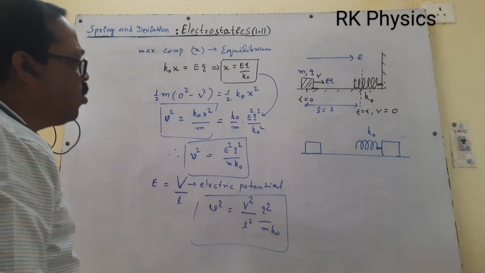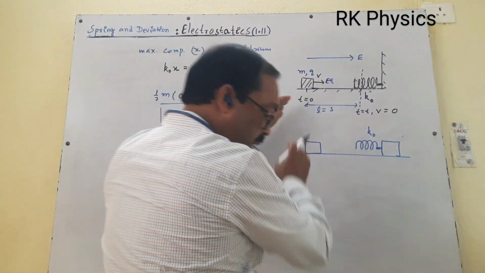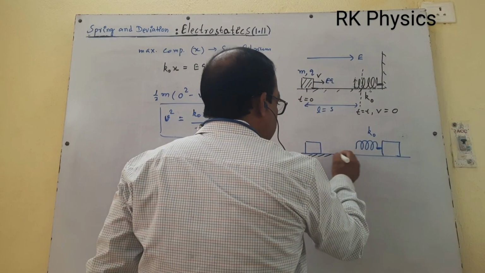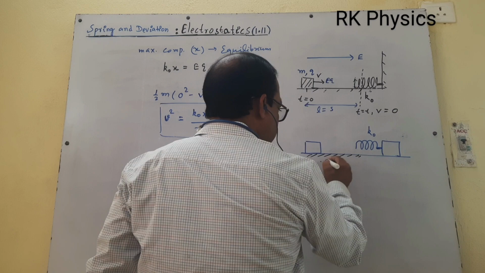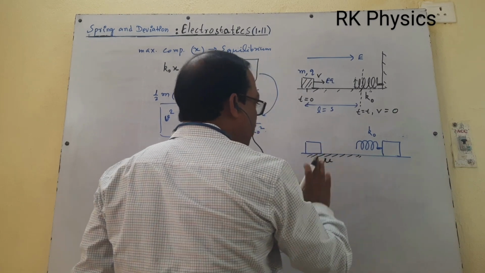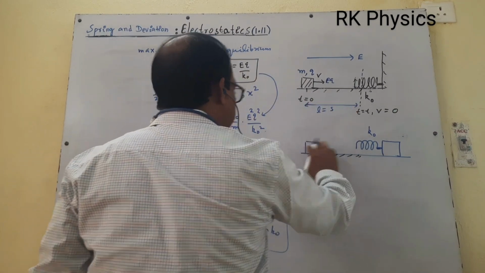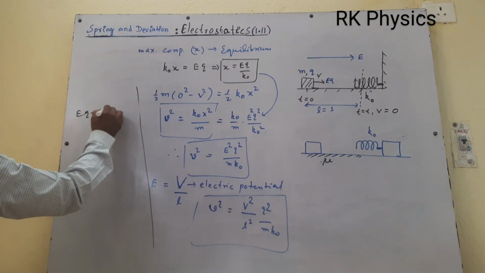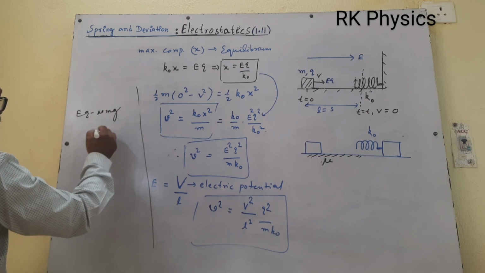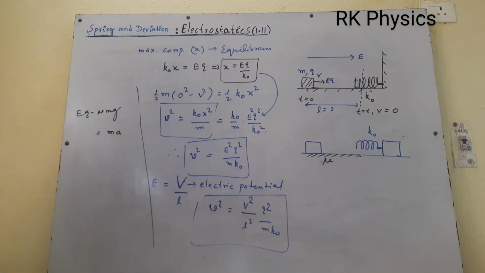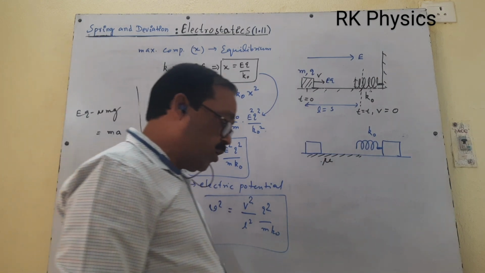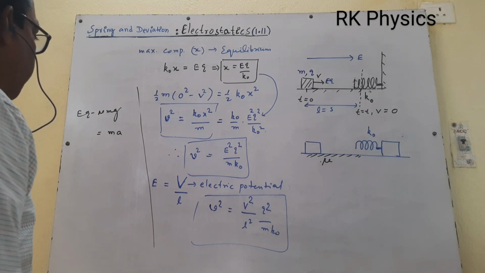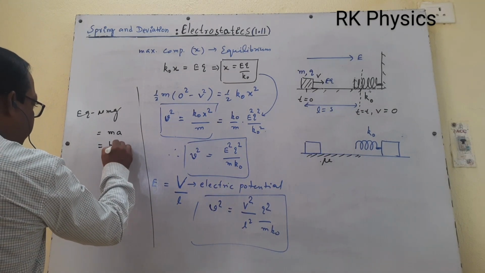Now consider the same situation, but the surface is rough, that is, the coefficient of friction is mu. Here the forward force is EQ and the backward force is mu m g. Forward minus backward equals the resultant force. So EQ minus mu m g equals m a, and this is nothing but K naught x.